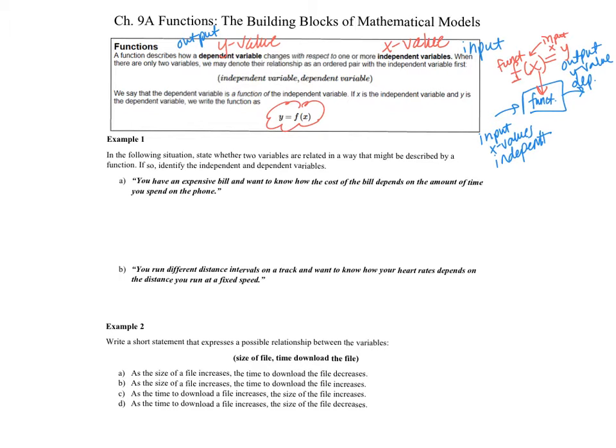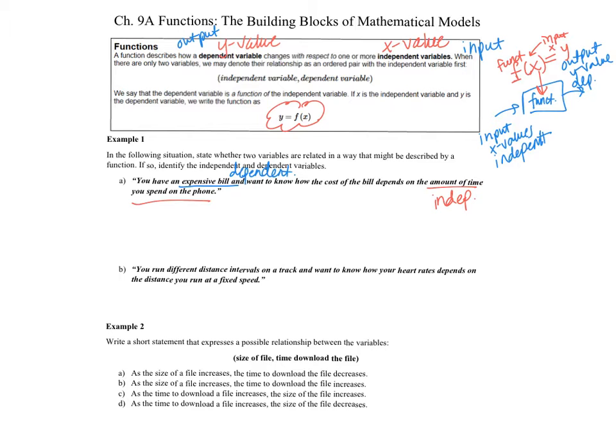Our dependent. Okay, so our independent value is going to be the amount of time you spent on the phone. That's what we're going to put into our function so that our output would be this bill. So our dependent variable is going to be the bill.